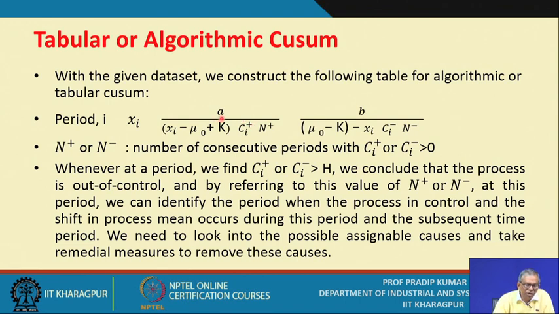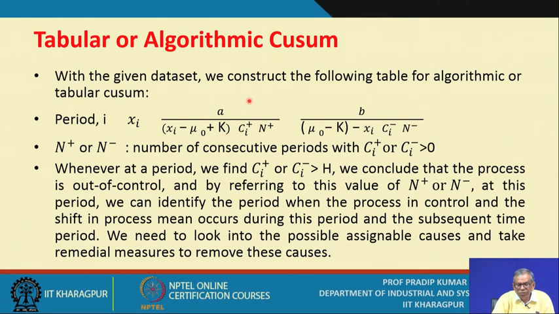So under section A, what you compute actually, mu0 will be known, xi value is known. So for a given period, you can calculate xi minus mu0, and k will be specified. How do you specify the k? That means you have defined mu1. Is it okay? Mu0 is known.